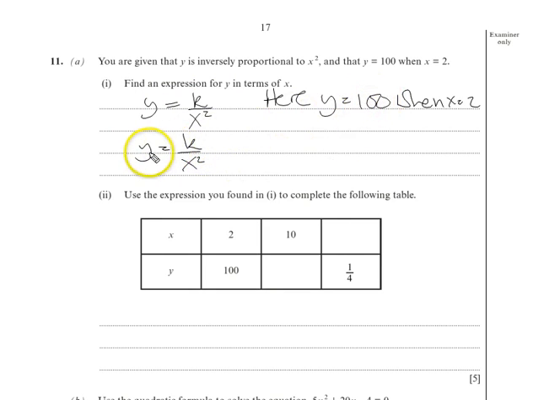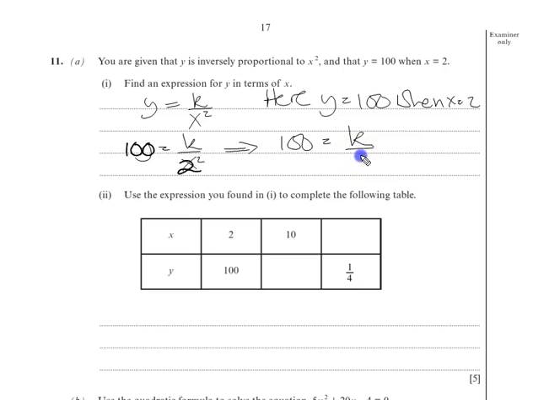And I'm going to put in 100 here. So I'm just going to overwrite it just to emphasize that that's what we're doing. Input 100 there, and x is 2, so I'm going to write that over there. Now, I know you wouldn't do that in the exam, but it's no problem for me. So that implies then that 100 equals k over 2 squared.